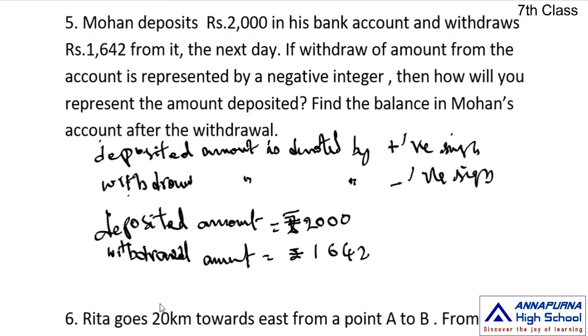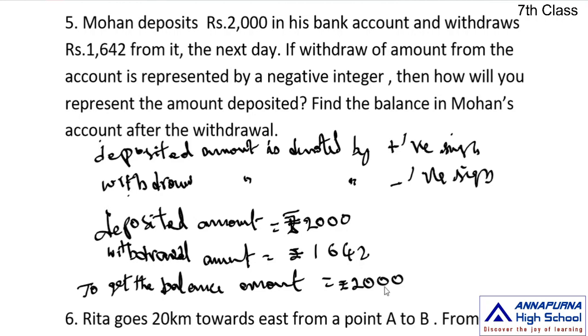1642 rupees. To find the balance amount, you have to subtract it. Therefore, to get the balance amount, add these two: 2000 rupees plus of minus 1642 rupees.